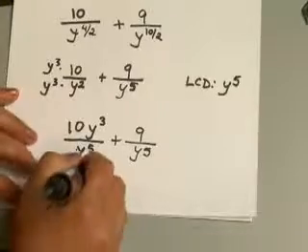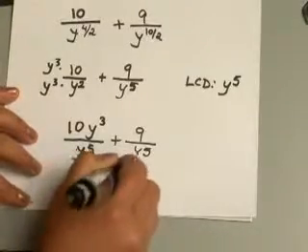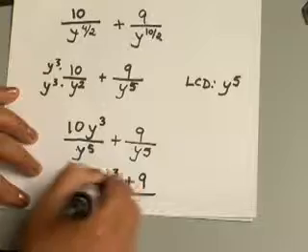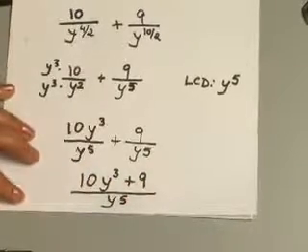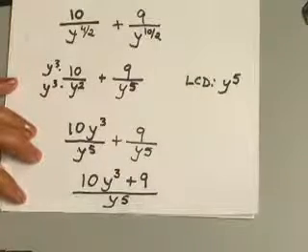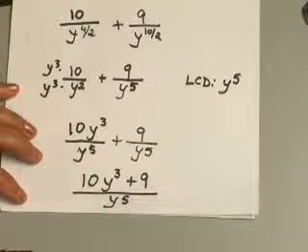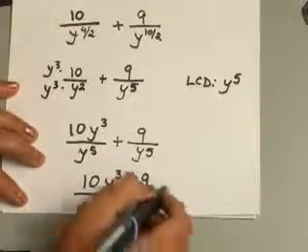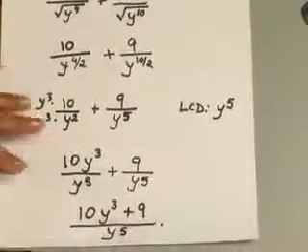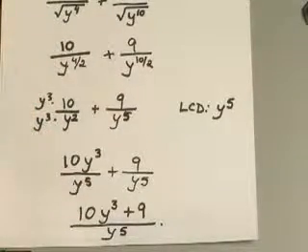And when you add these two together, 10 y to the 3rd plus 9 and the whole thing over y to the 5th. Okay, and this is what we basically did in chapter 6. So we're just following that same idea here. And this will be your final answer. So you started out with a radical, but you ended up with more like a rational expression. Alrighty.